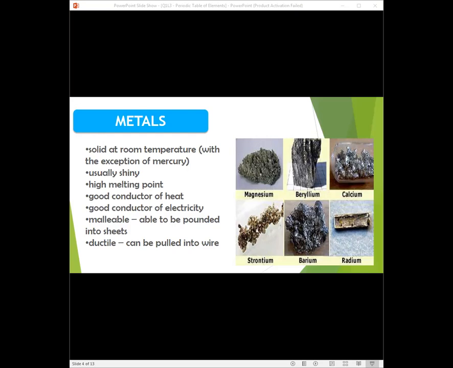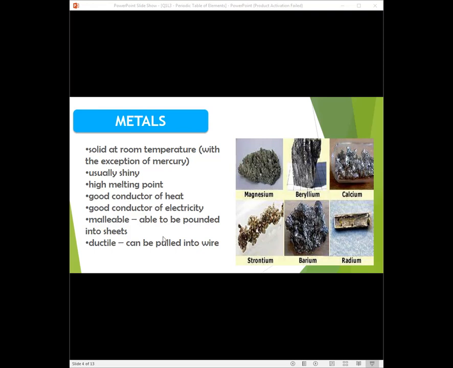They also have high melting point, meaning it's not easy to melt this kind of elements. They are also good conductors of heat and electricity, which means that they are materials that can allow heat and electricity to pass through. This is also the reason why metals are used in house wiring.